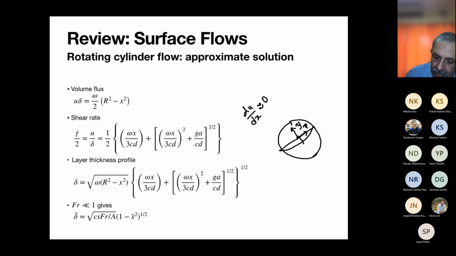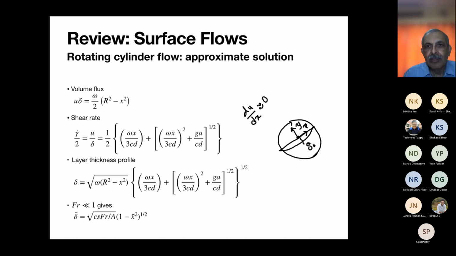So x equal to 0 corresponds to the place where the layer thickness is maximum. And over here you have delta 0. So x equal to 0 just gives us that delta 0 is just this prefactor C S Fr divided by A.